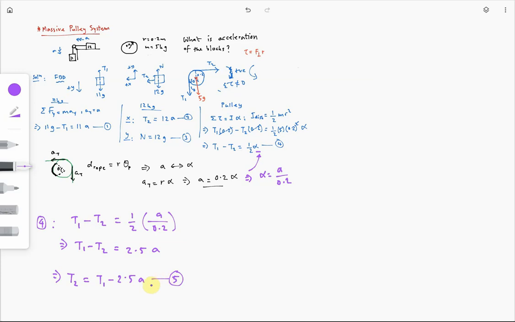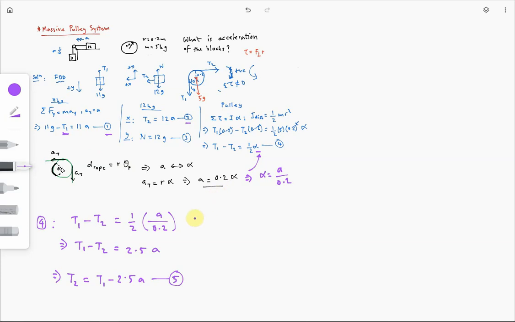Alright? Now what? Then we look at other equations that we have. Equation 2 tells us that T2 is just 12a. Alright, so equation 2 and equation 5 are giving me the same variable using two different expressions. So let's keep that in mind. And then equation 1 has a variable T1 that we want to eliminate, right? We don't want tensions in our equations.